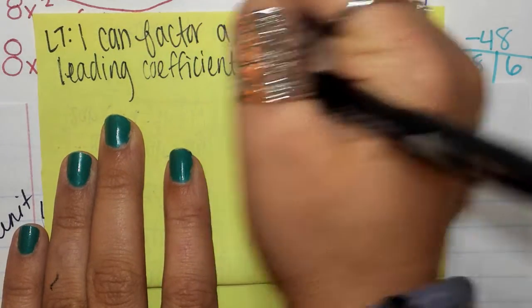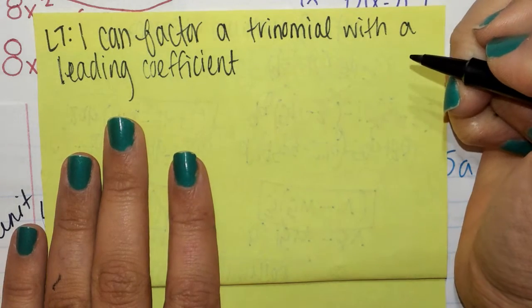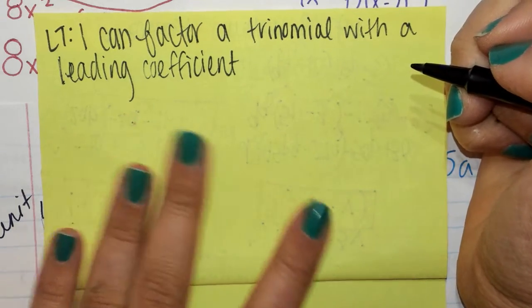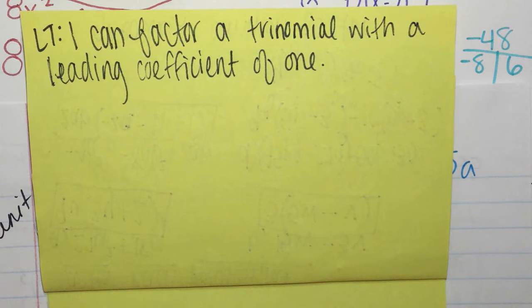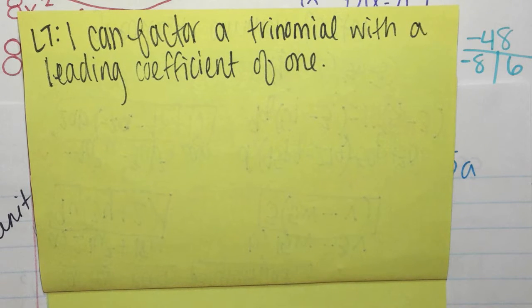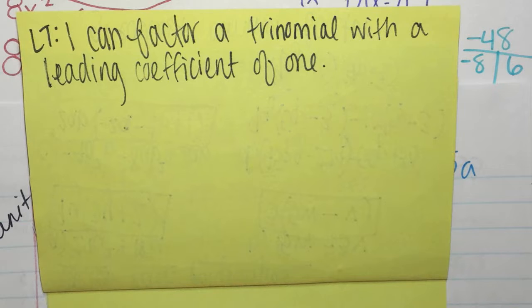Coefficient is so hard to spell. So that means that A equals 1. There's not a number out front.